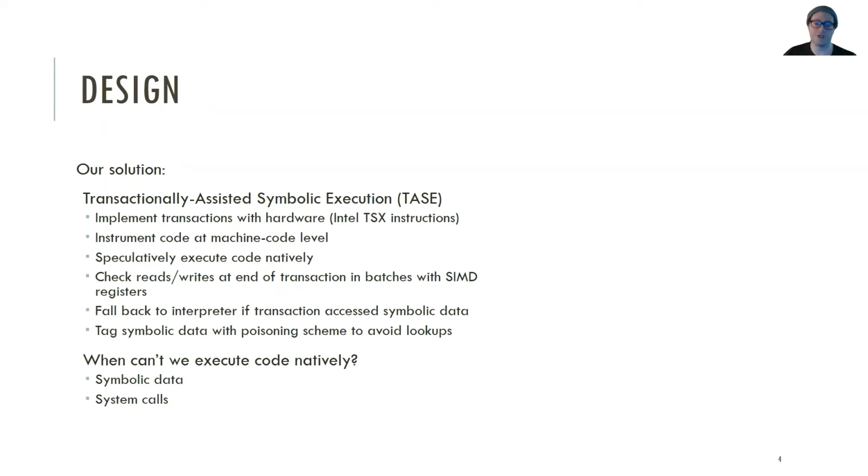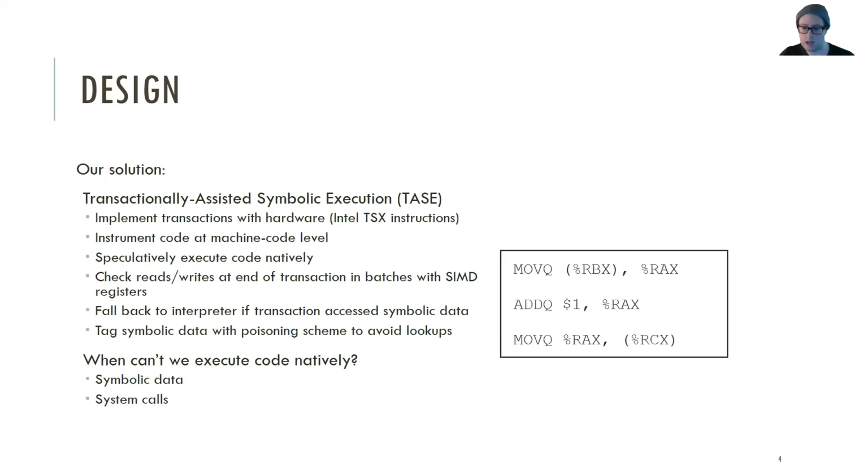So I'm going to show a cartoon that demonstrates the idea behind TASE's instrumentation. TASE's instrumentation works at the level of machine code. I've included a snippet of code representing 3 machine instructions that grab a value, increment it by 1, and store the result. The idea behind TASE's instrumentation is that we copy the operands used by each instruction without immediately performing checks on them.